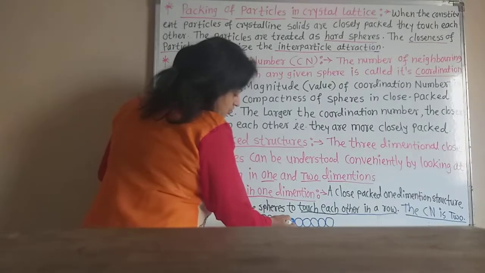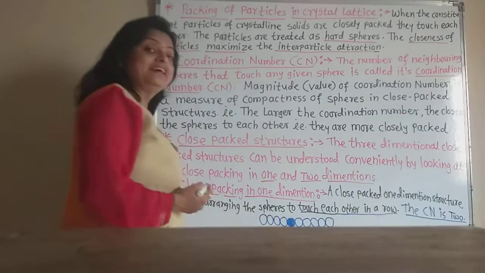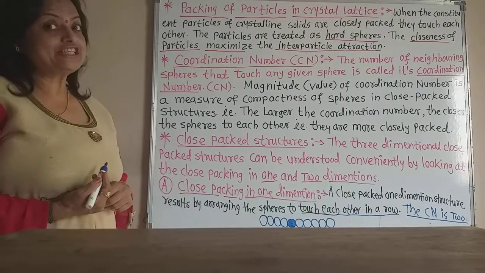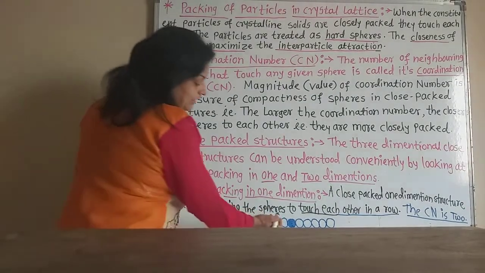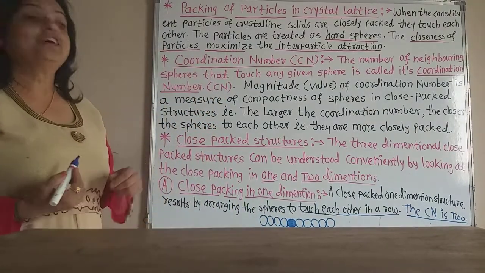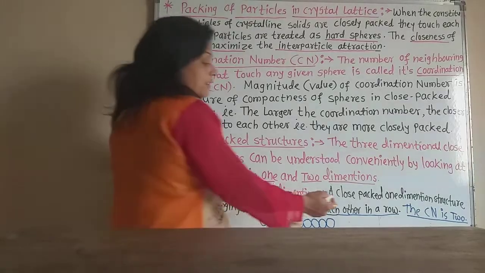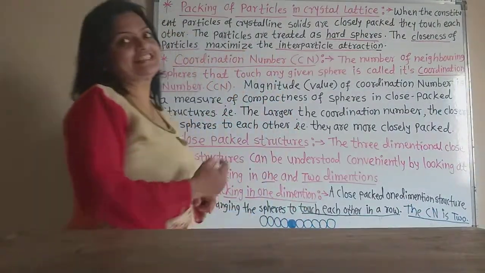Suppose this is our given sphere. How many spheres touch this given sphere? Only two neighboring spheres touch the given sphere. So, the coordination number is 2 in this case.